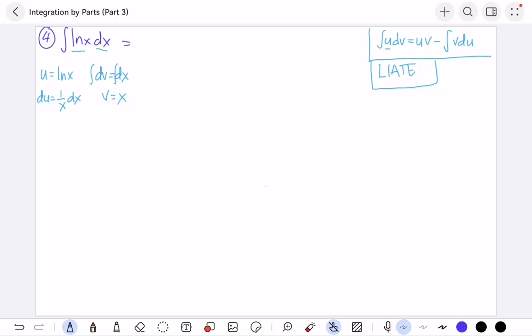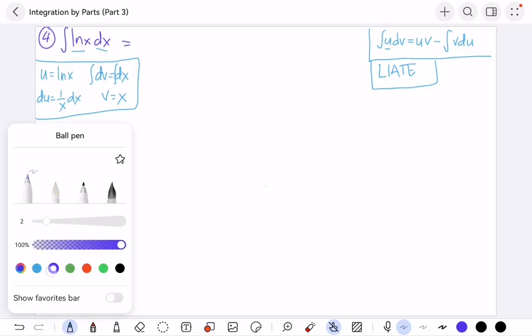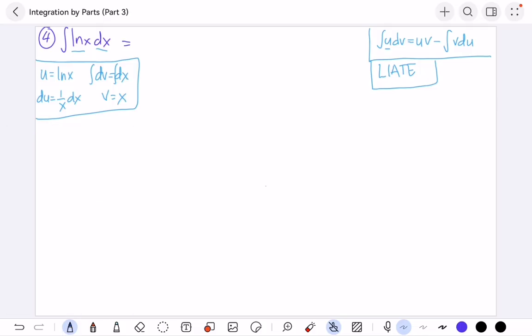So let's enclose this part here and proceed with integration by parts. So uv: my u is ln of x times v, which is x, minus integral of v, which is x, and du is 1 over x dx. I hope you're able to follow.